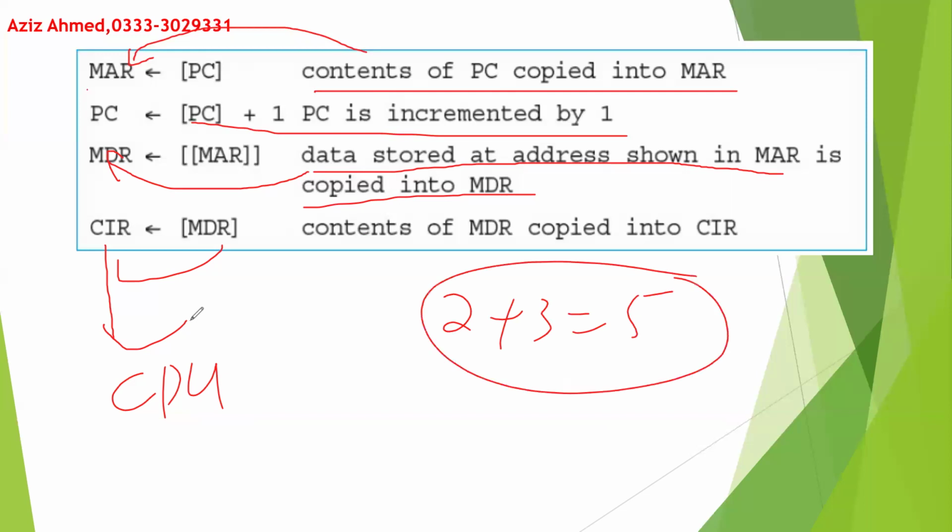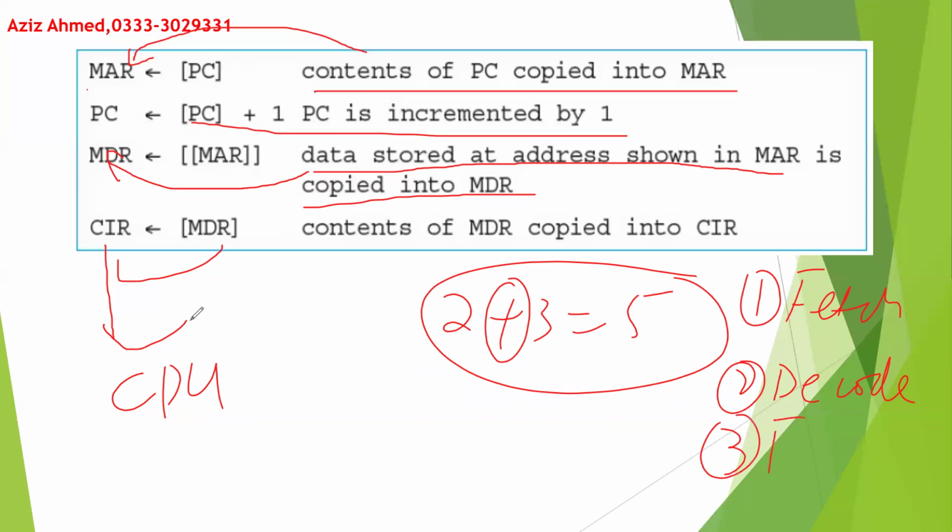This operation has to be done. So from here, the first step is fetch. The second step is decode. The third is execute. These three operations are always done by the CPU whenever it gets an instruction from the memory. Okay, got the idea.